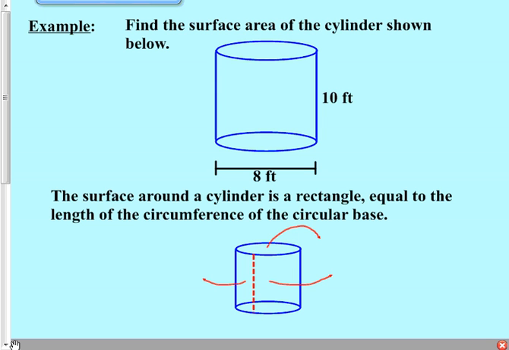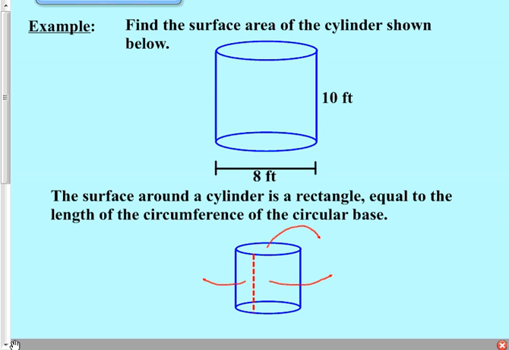So what you actually have to do is split open one side of the lateral face and unwrap it from around the circular bases. And what you're going to find is that the lateral face is actually a rectangular shape that just joins together with itself on one of its edges.